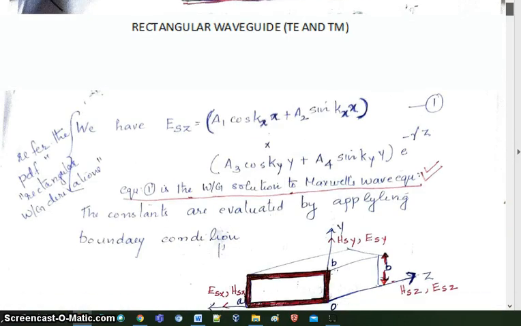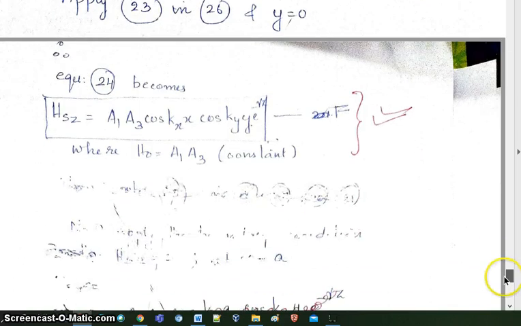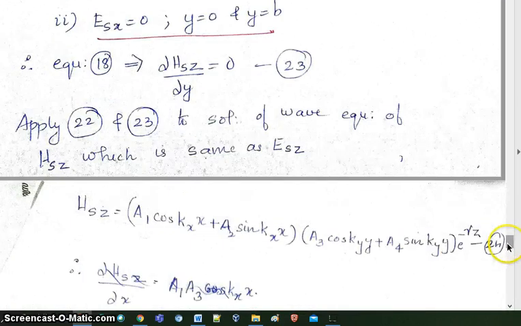This is equation 1 and this one equation 24, both are the same, and this is also known as the waveguide equation whose solution gives the wave equation. Okay, so Hsz is (A1 cos kx x plus A2 sin kx x) into (A3 cos ky y plus A4 sin ky y) exponential minus gamma z.